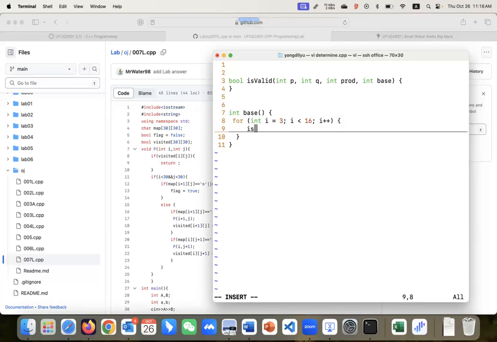What I would do is call this function isValid of P, Q, product and this base i.